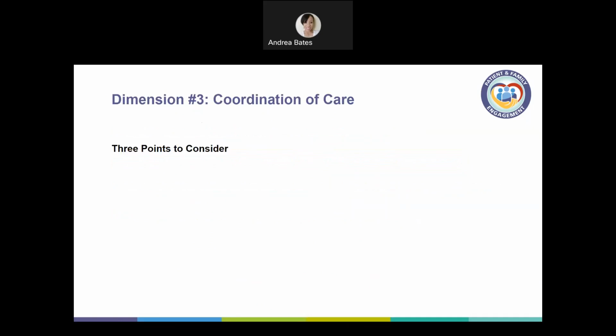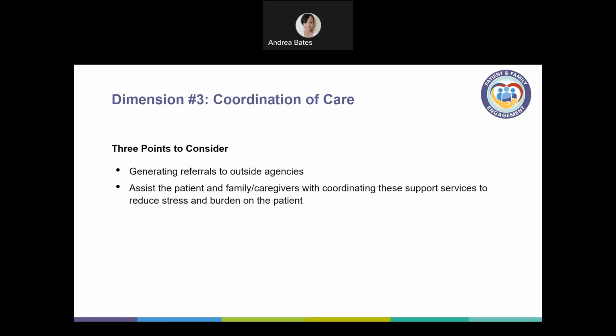So when discussing coordination of care, here are the 3 points to think about or consider when working with your patients. It includes generating referrals to outside agencies, whether that be home health care, mental health services, transportation, assistance with food supply, assisting the patient and family with coordinating these services to reduce stress and burden on the patient.